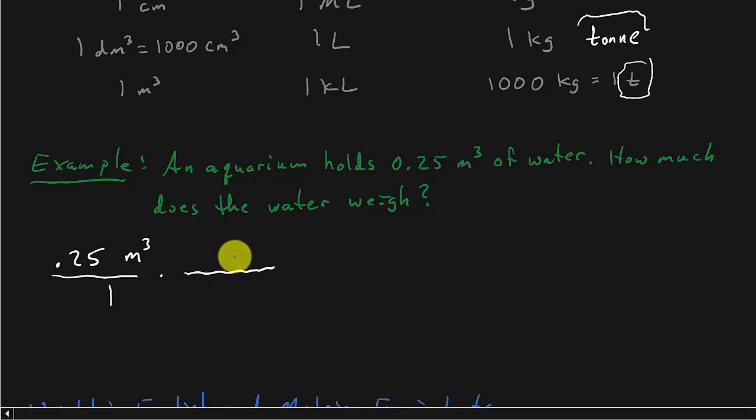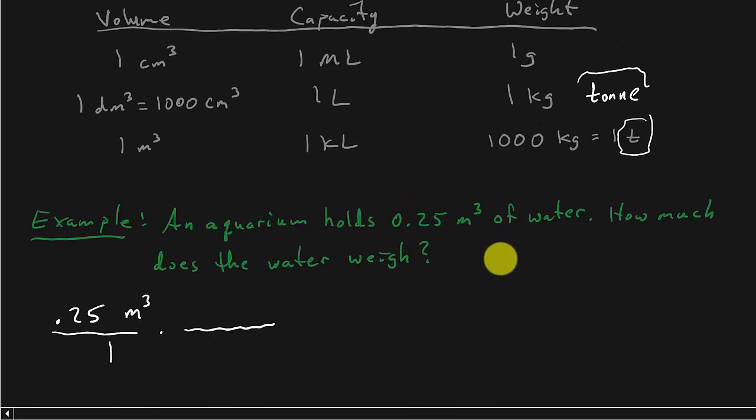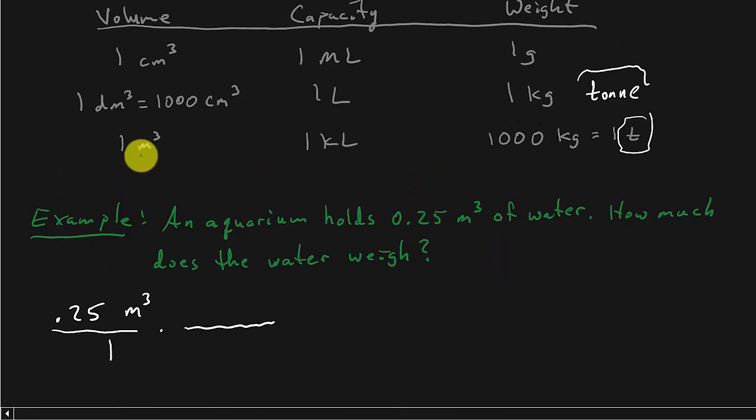It doesn't tell us what to convert to, but up here I do have 1 cubic meter. This is the only thing that says cubic meter, and I want to know the weight, so I'm going to go to kilograms.